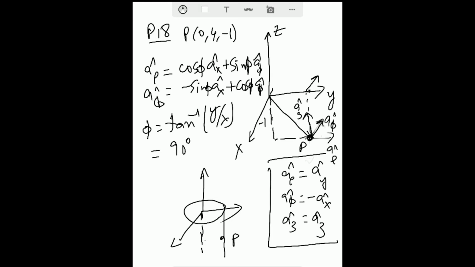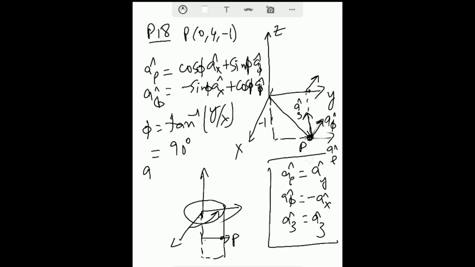So this is my rho vector. So the angle from x-axis to this plane is 90 degrees, and I can also find it from tan inverse.